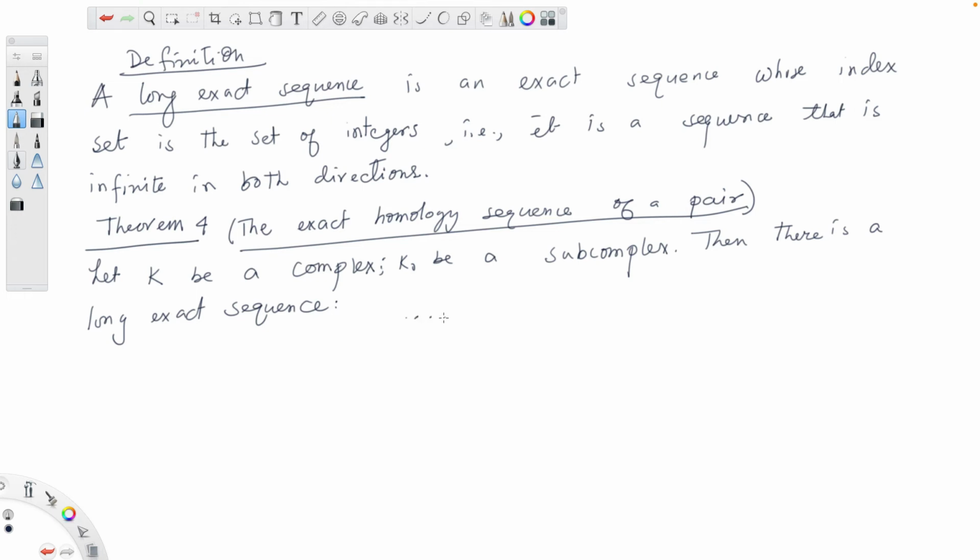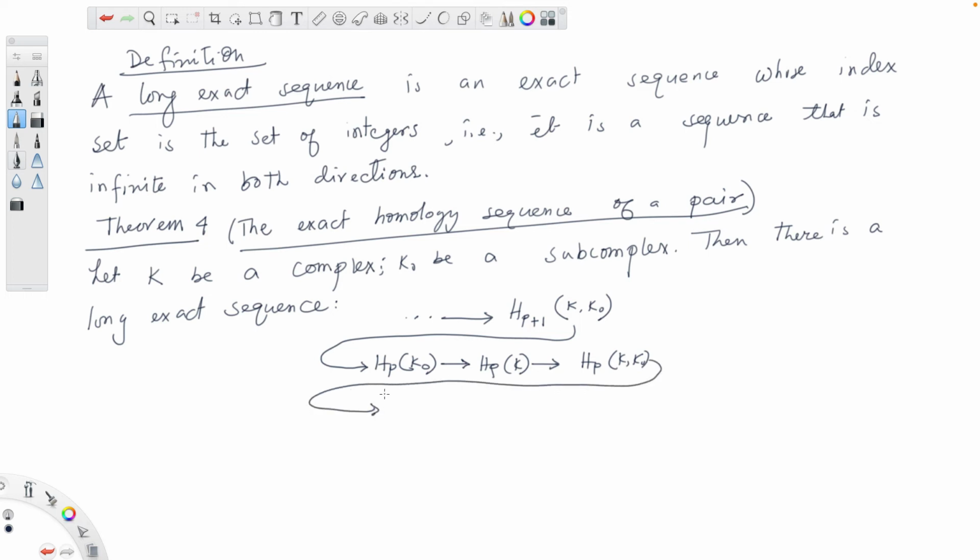dot dot dot. The last entry in this row is HP plus 1 of K comma K0, and then from here we go on to the first entry of the next row, which is HP of K0, then it goes to HP of K, then it goes to HP of K comma K0, then from here again it goes to the first entry of the next row, which is HP minus 1 of K0, then to HP minus 1 of K, and then to HP minus 1 of K comma K0.